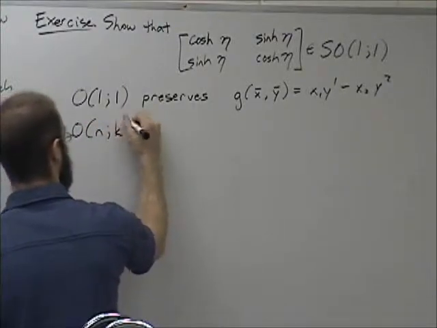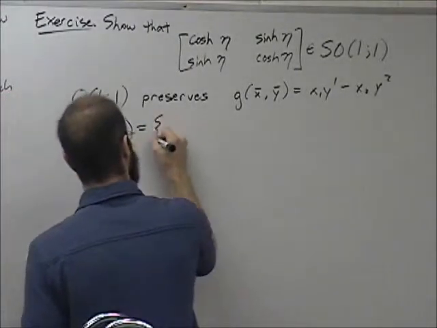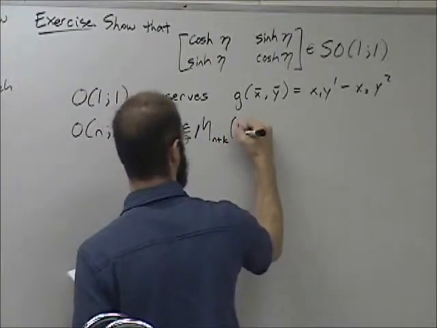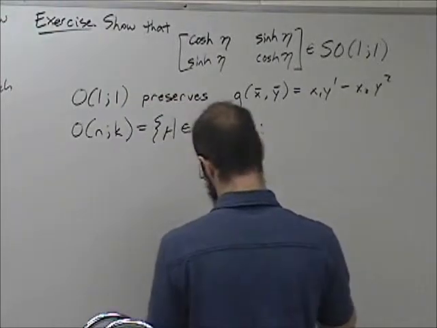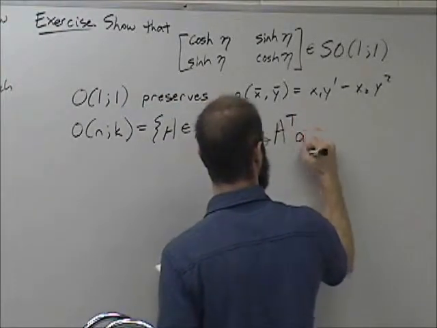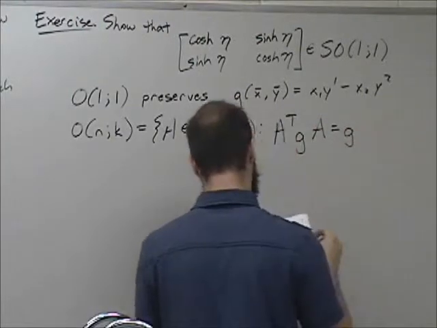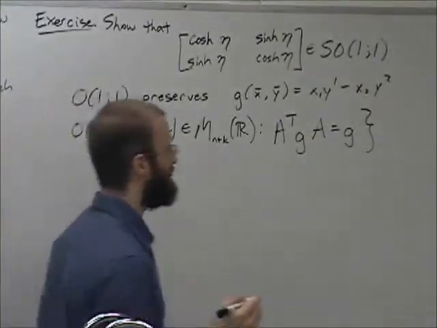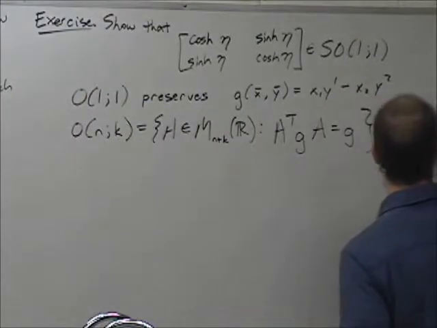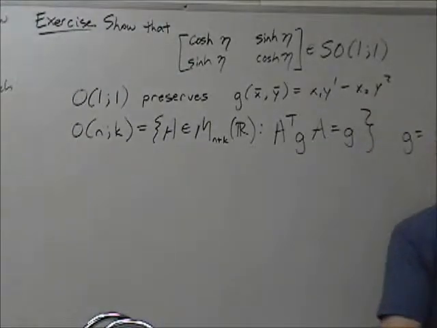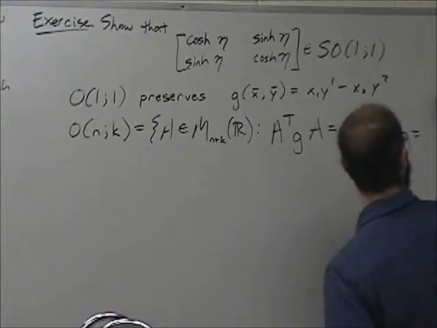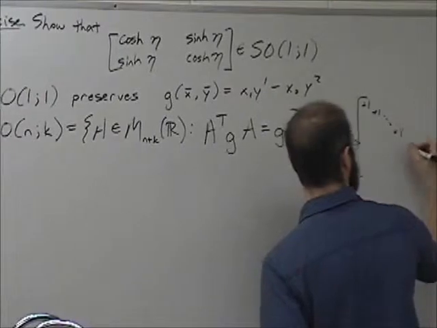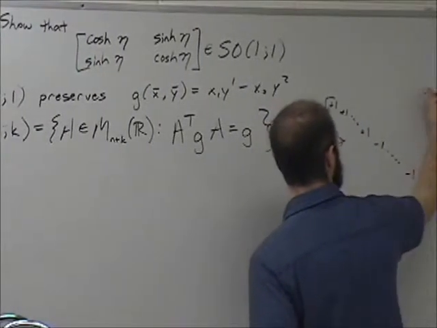O(n,k) is all the matrices A that are n plus k by n plus k, such that A transpose G A equals G, where G is the matrix of plus ones right there, and then minus ones on the last.